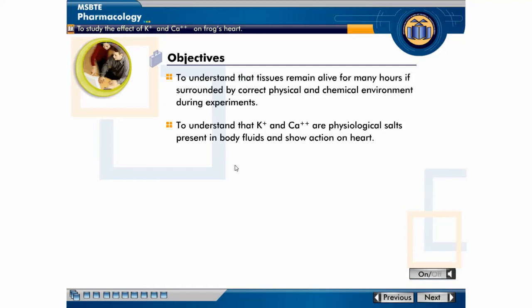These are the objectives of our experiment. Means these ions are present in body fluids and show their action on heart.